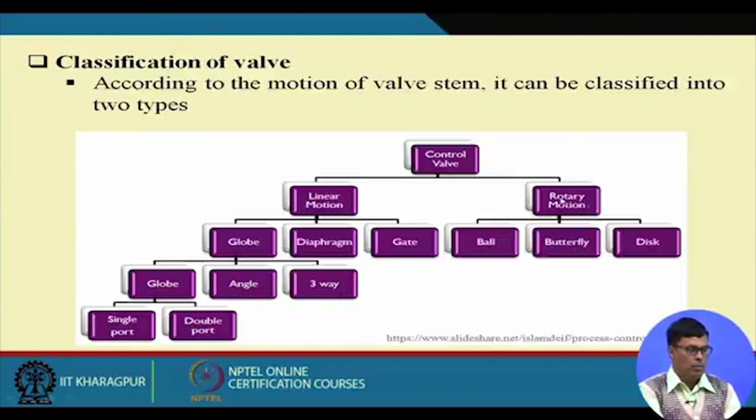But when you come to rotary motion, we have the ball valve, the butterfly valve, and the disc valve. This is largely used in the biochemical industry for drawing the sample, and the gate valve is largely used for harvesting. After the fermentation is over, we take the whole fermentation broth out by opening the gate valve.